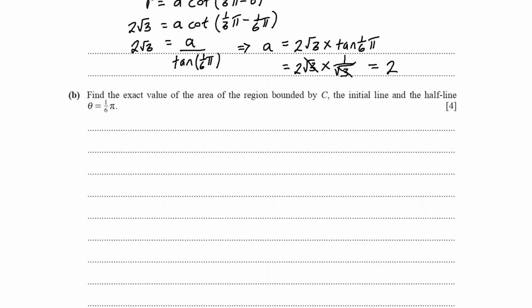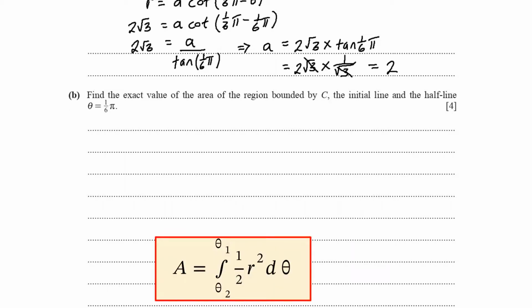Now, in order for us to find the area bounded by the graph, we're going to use this formula here. Since in our case we got a to be 2, the equation of the curve is 2 cot(π/3 − θ).